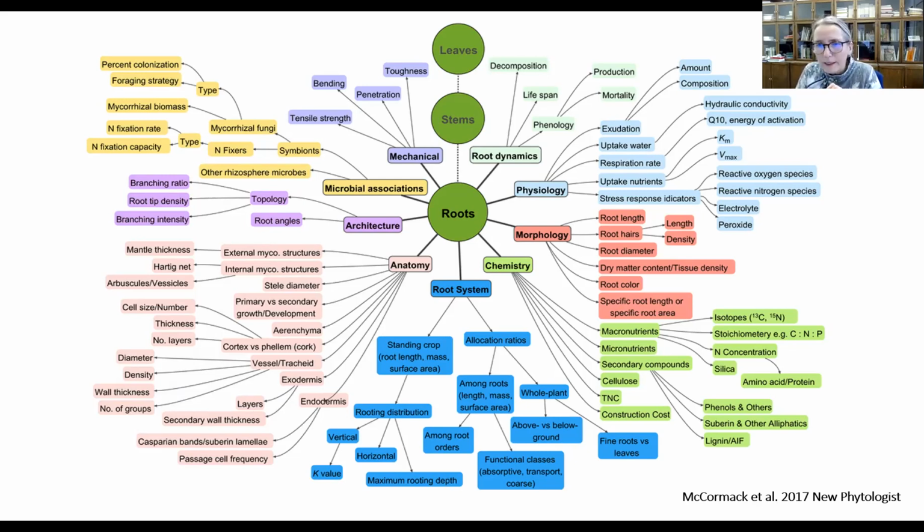So here you can see the proposal of which traits may be measured on roots. It's an enormous number of different traits, and they are usually rather difficult to measure, at least in comparison with leaf traits, of course, because they are hidden in the soil.